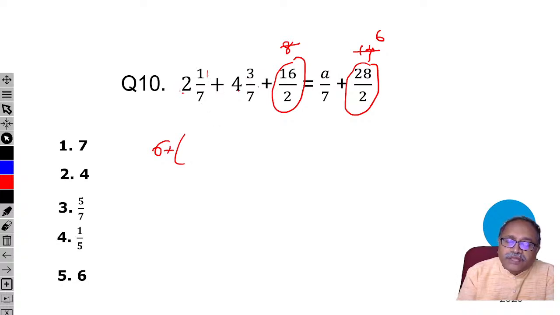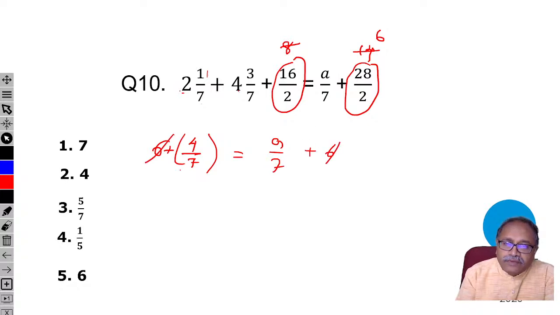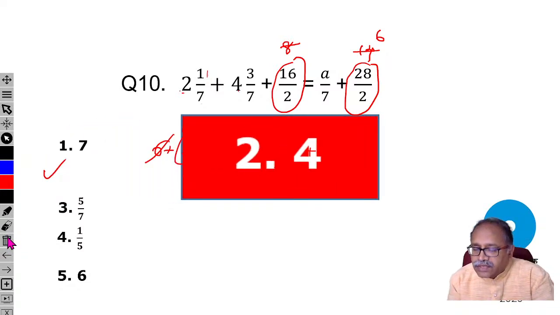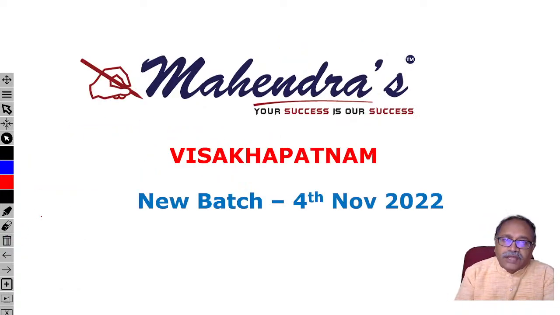So 1/7 plus 3/7 is how much? It is 4/7, which is equal to a/7 plus 6. Yes, so 6 will get cancelled. So a/7 is equal to 4/7. So a is equal to 4. Is there 4 anywhere? Option choice 2. That's our answer. Yes, come on my friends, the next one.